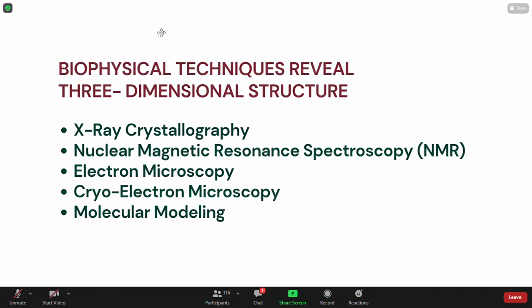This is biophysical techniques to show structure. X-ray crystallography, nuclear magnetic resonance spectroscopy, electron microscopy, cryo-electron microscopy, molecular modeling, and so on.